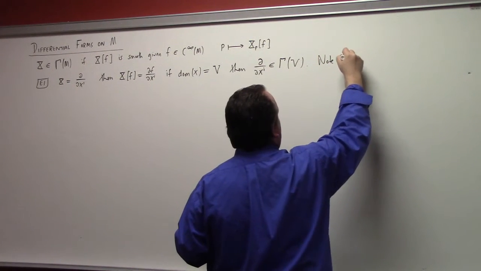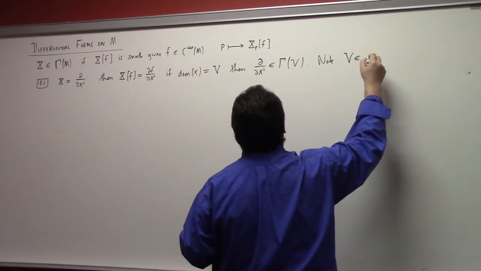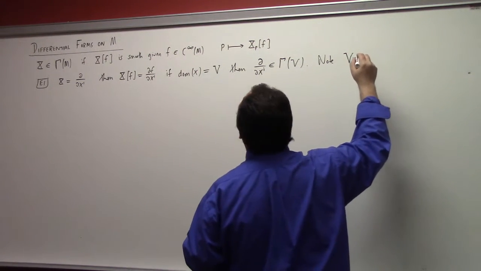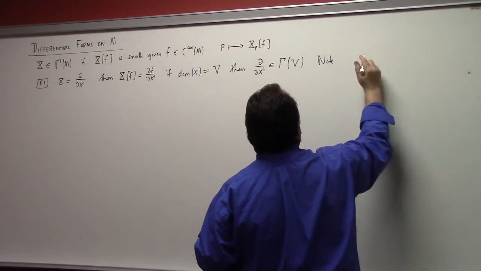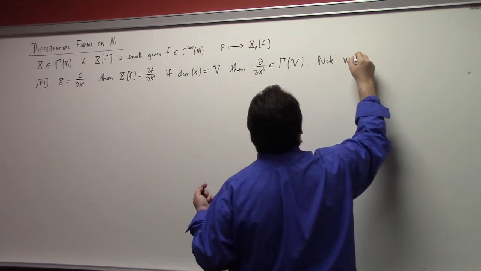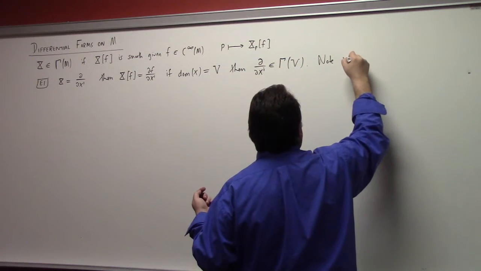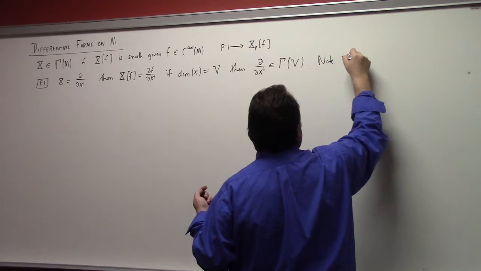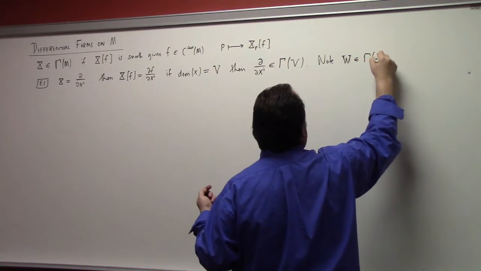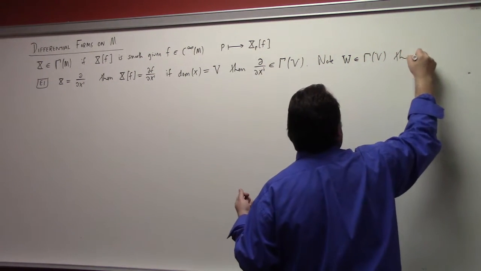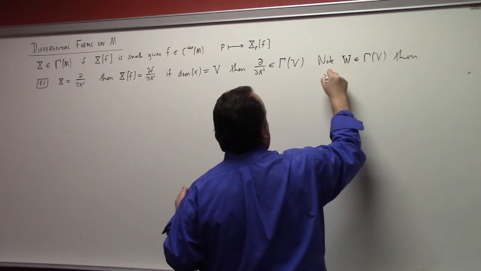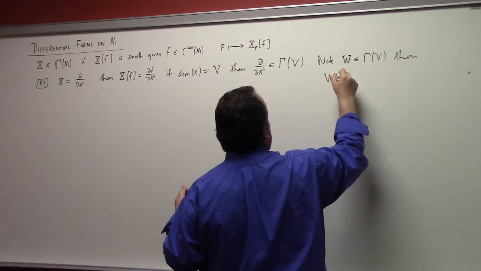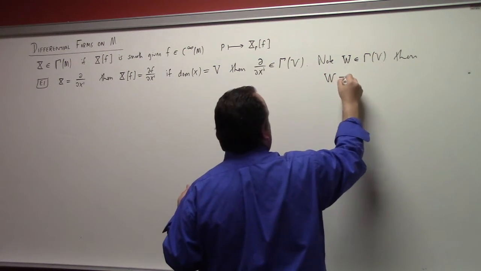If we had a vector field, oh, bad letter, let me make it a big W, a vector field on this chart domain, then you can pretty easily see that W could be written as what?